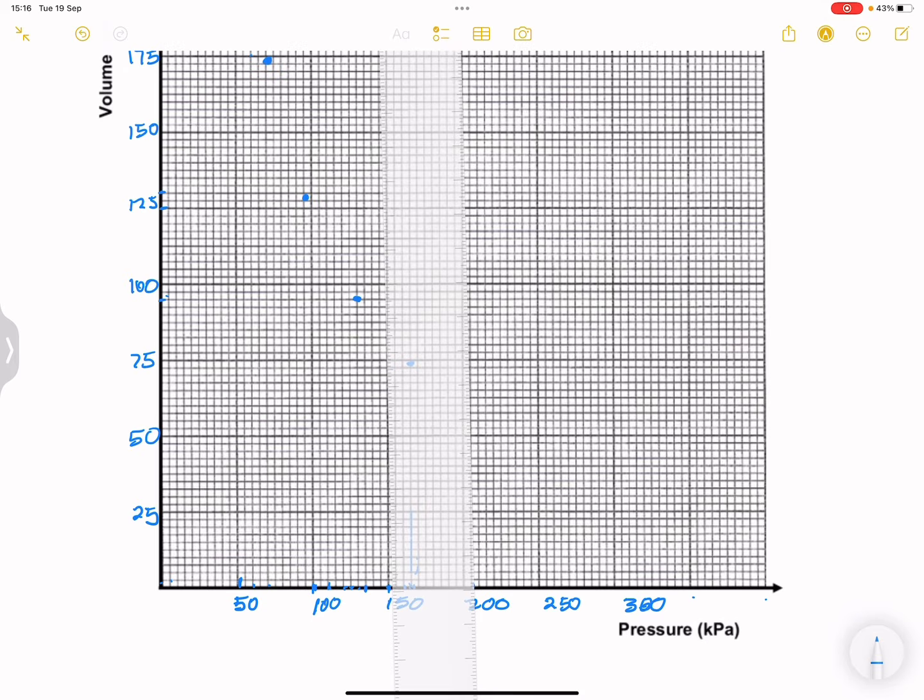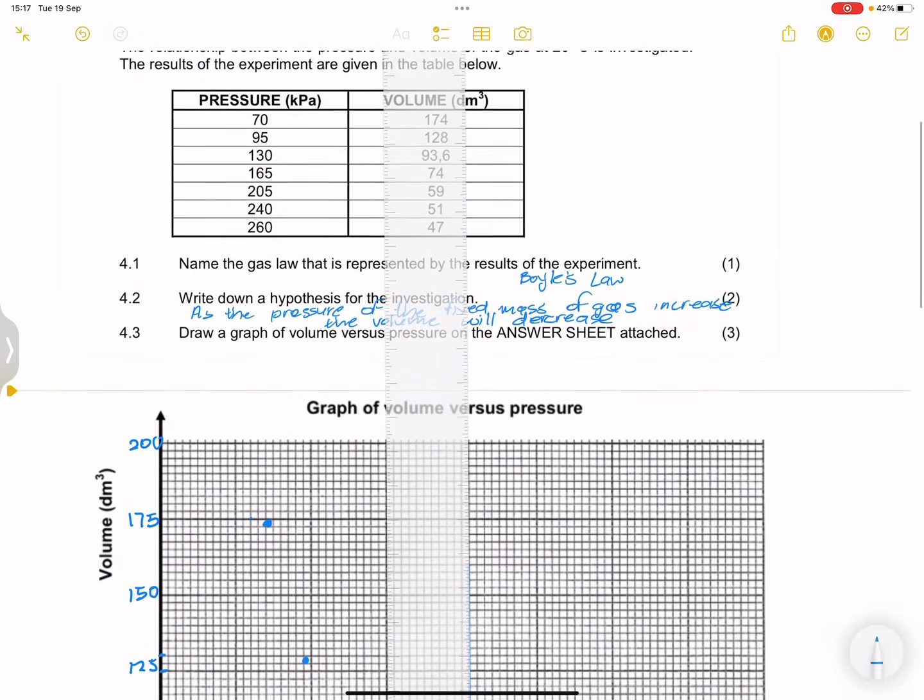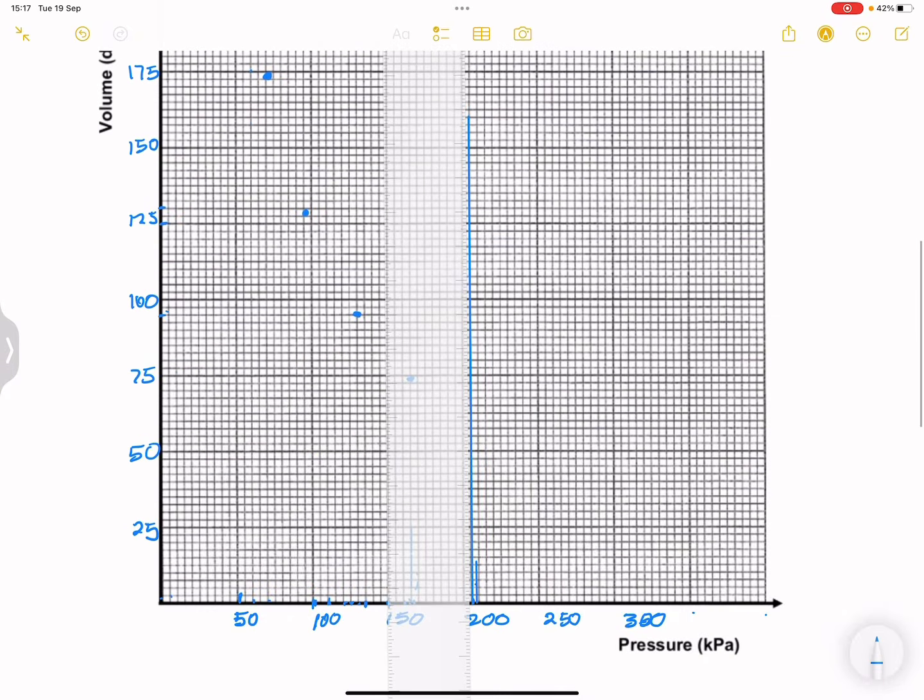It's that line over there, right? Okay. So there's our 205 line. I just missed it by a tiny degree. So there's our 205 line. Okay, and in this case it corresponds to 59, right?